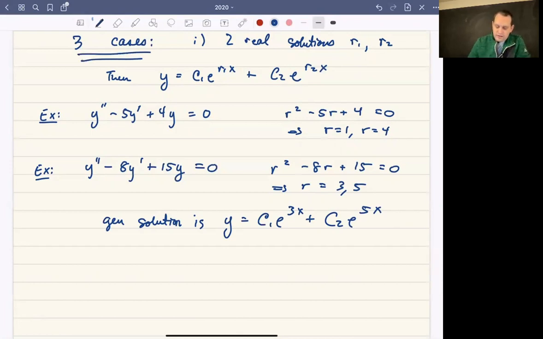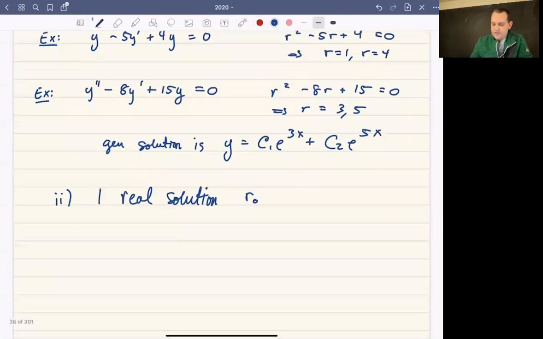The second case is we could have one real solution, say r naught. What this means is that this is one real solution of multiplicity 2. The way this happens is if you were to have something like y double prime minus 4y prime plus 4y equals 0.